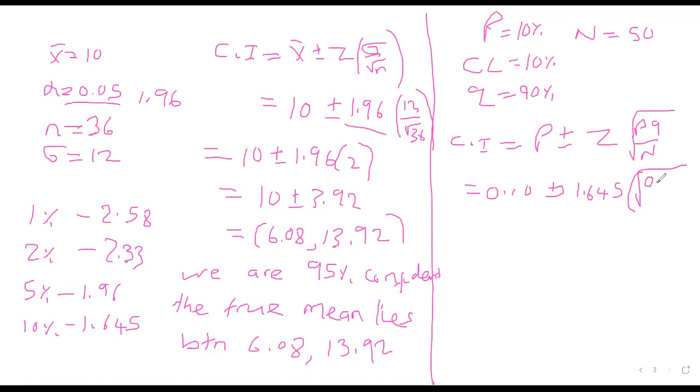So here we have 0.1 times 0.9 over N, which is 50. So can somebody calculate what is in the square root there quickly? What are we getting? Don't forget to square root it.